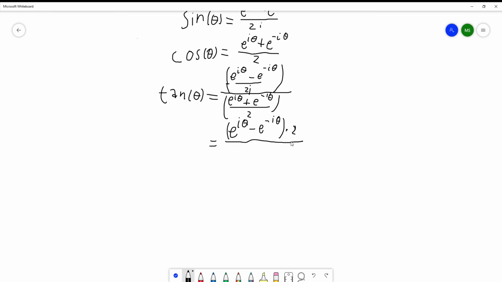For the bottom part, we get 2i, and we multiply it by what is on the top over here, so that's e to the i theta plus e to the negative i theta.